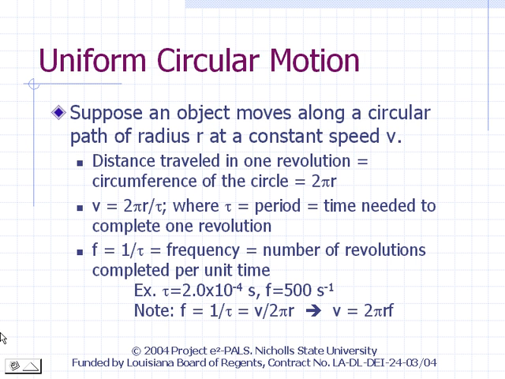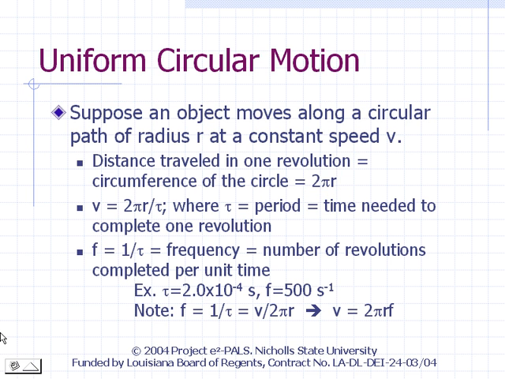Suppose an object is moving at constant speed along a circular path of radius r. How can we measure its speed? The circumference of a circle is equal to 2 times pi times the radius. Therefore, when an object completes one revolution, we can say that it has traveled a distance equal to 2 pi r.